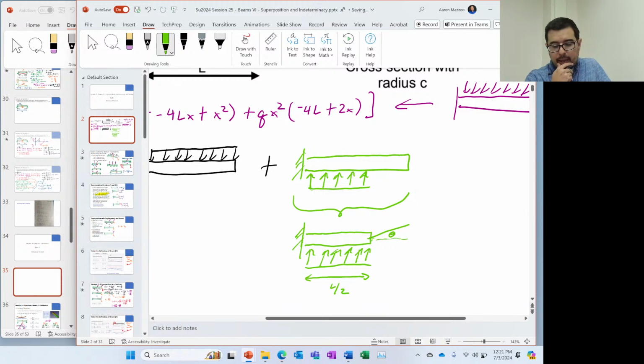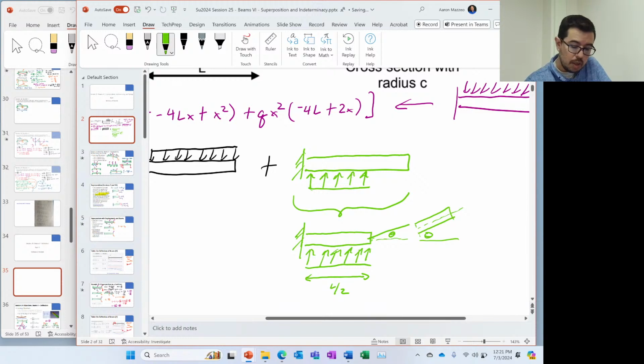What happens over here? Well, it turns out that this right half is just kind of along for the ride, and so it just stays with the same slope that we had already.